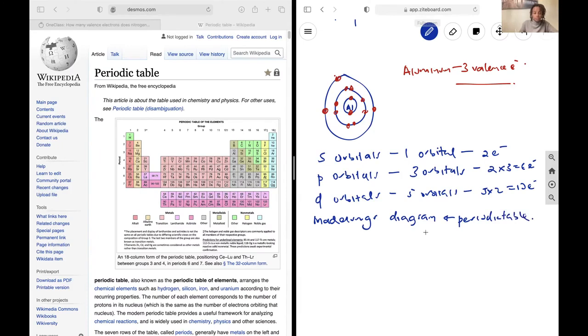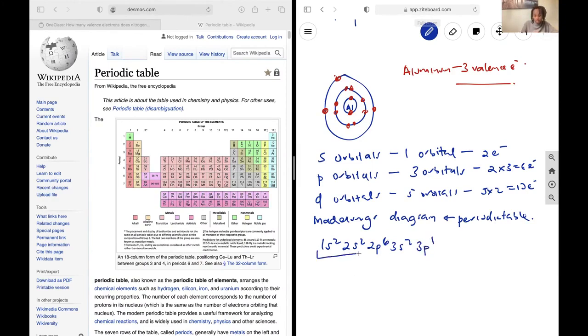If I just read the periodic table, H and He cover 1s2, lithium and beryllium cover 2s2, boron all the way to neon would become 2p6. Sodium and magnesium would be 3s2. And then lastly, to get to aluminum, I do enter the 3p area, but I'm only taking one step, and so it'd be 3p1.